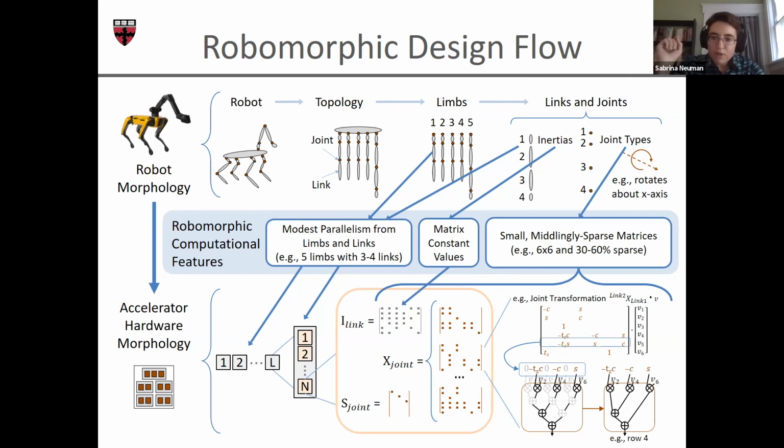So directly from the inertial properties of the links, you can know constant values that are going to appear in these matrices. And from the joint types and constraints, you can know sparsity patterns that are going to appear in joint transformation matrices. And then you can use these sparsity patterns and these constants to streamline hardware functional units that implement the linear algebra operations, right? So we've mapped morphology features to useful hardware accelerator features.